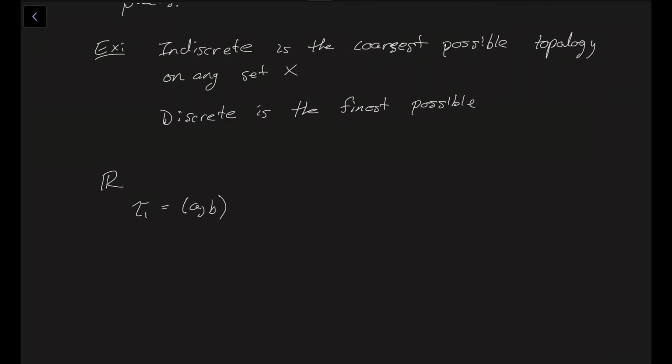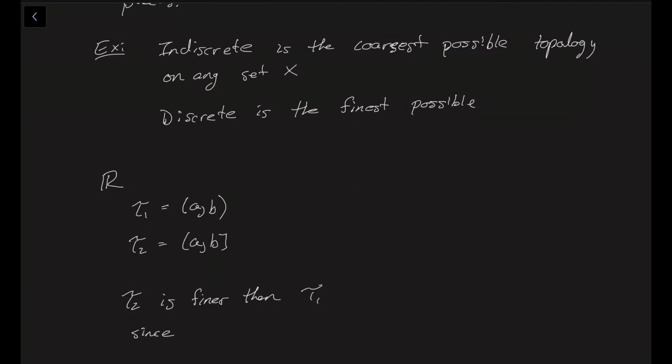So another example is going to be the real numbers. We'll take X equal to the real numbers, and we'll define tau 1 to be the collection of all open intervals (a, b), and tau 2 we'll call half closed, or half open, intervals.